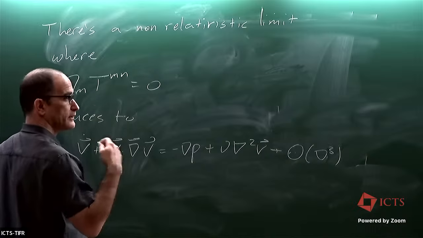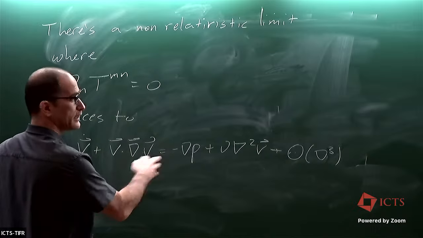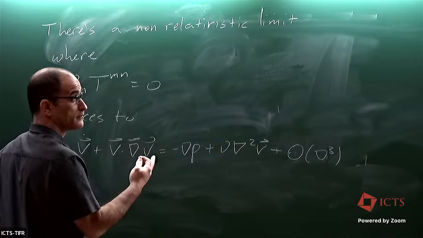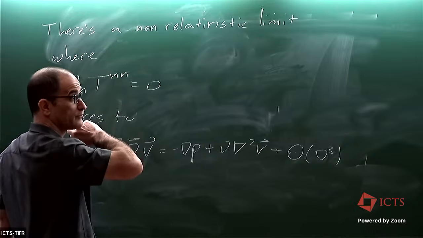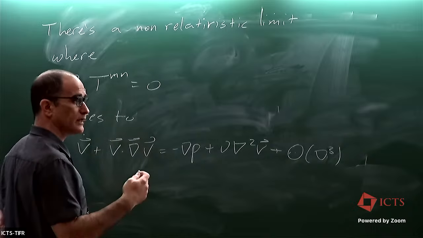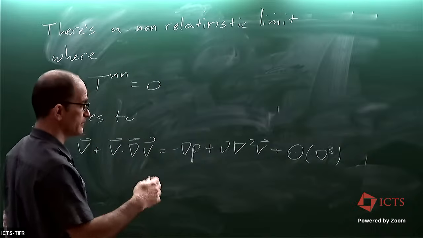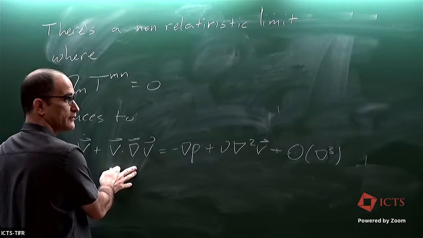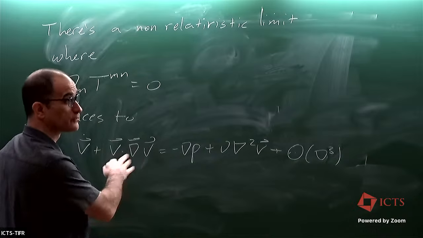You can have a non-relativistic limit which will be compressible. So I kind of hedged what exactly is going on here. There are solutions which flow at velocities which are below the speed of light, and they're incompressible, and they satisfy this equation. You can also find other solutions which will be compressible.